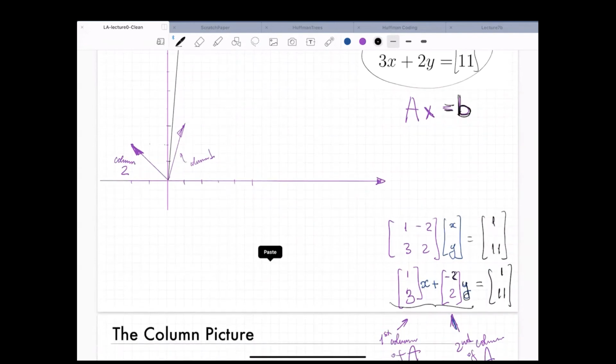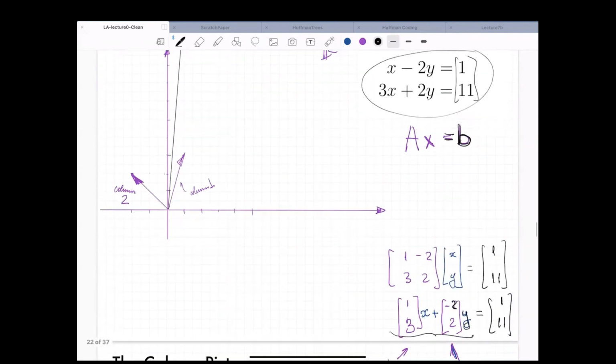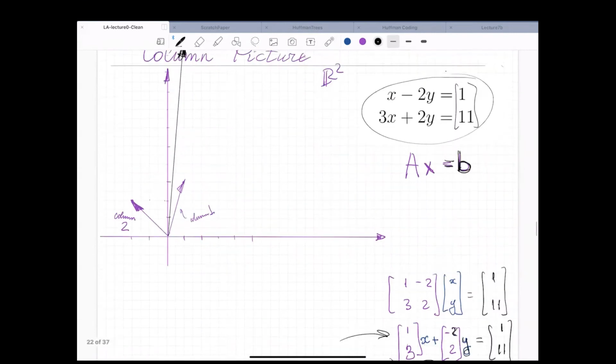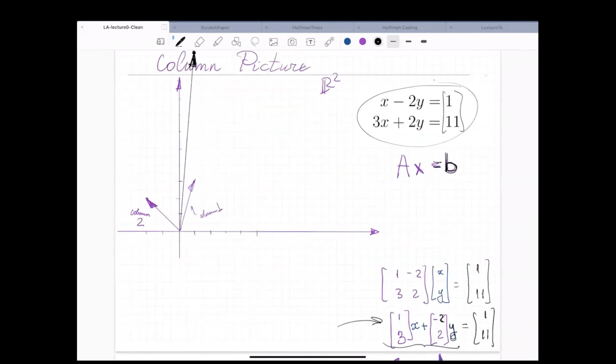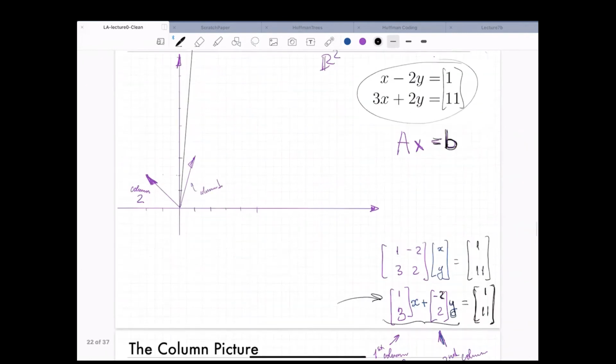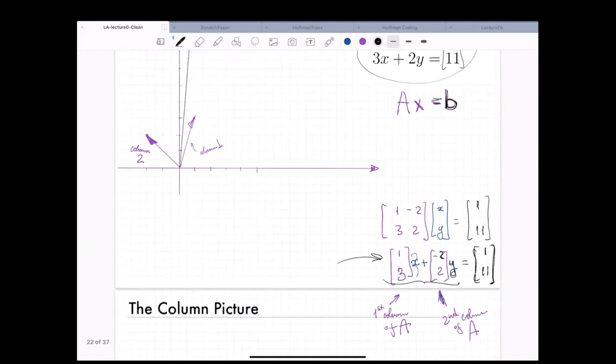Notice what this system of equations is asking me. Which scaling factors X and Y will lead me to this output vector B? If I scale this 3 times and this 1 time, let's see what comes out.